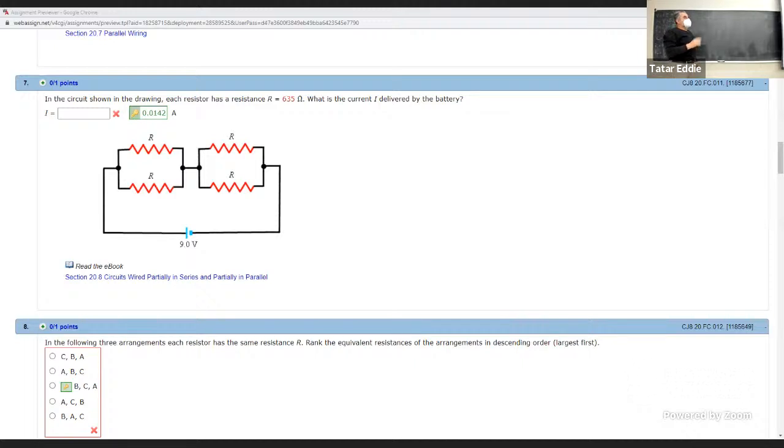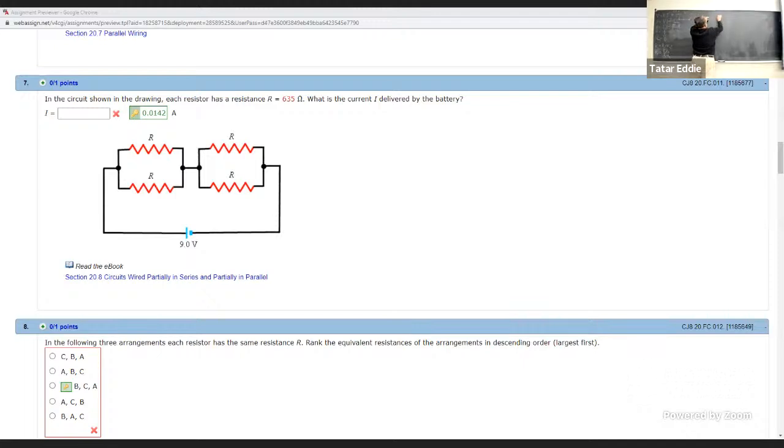No, in this case, they're still not in parallel. This is why I was reluctant to start with this example, because all resistors are the same, and it means that all voltages are everywhere the same, and it's a mess. But if each resistor had a different value, you were going to see that only the voltage across those 2 is the same.